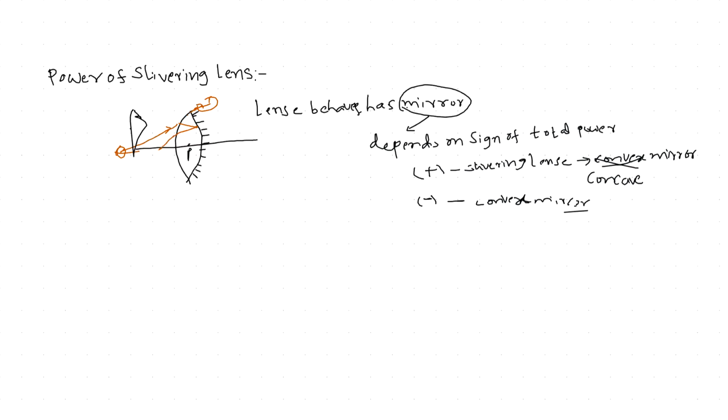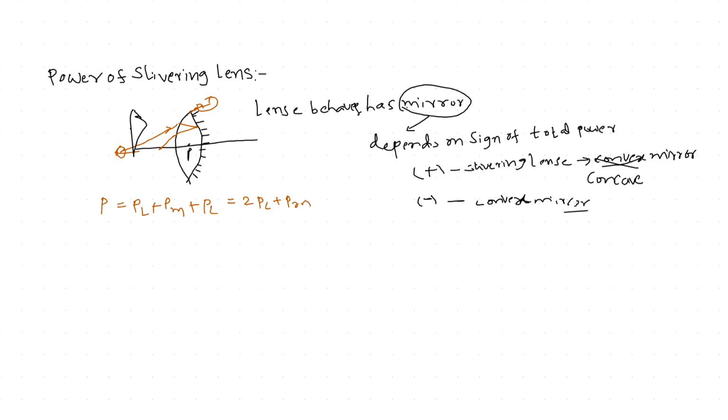That means the total power in this case is equal to the power of the lens plus the power of the mirror plus the power of the lens, that is equal to 2PL plus PM, the power of the mirror.